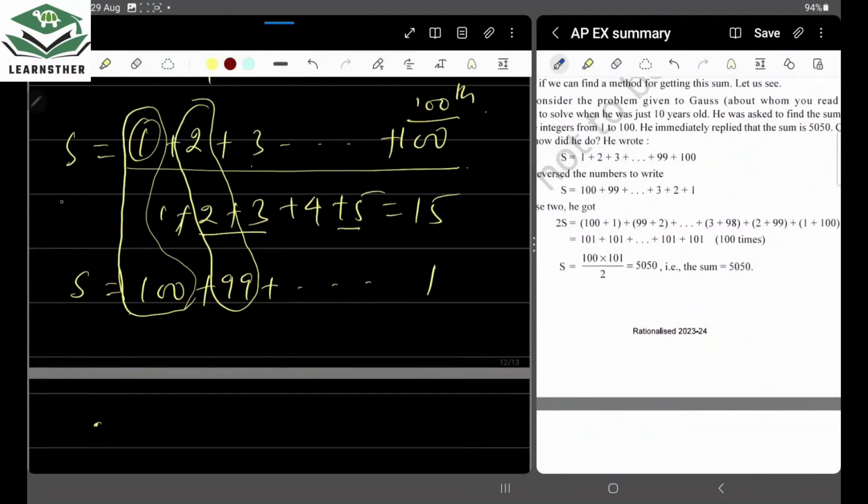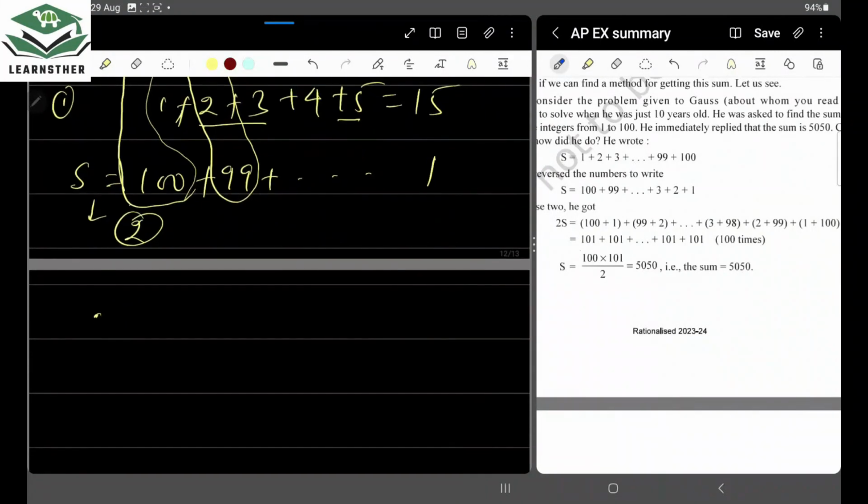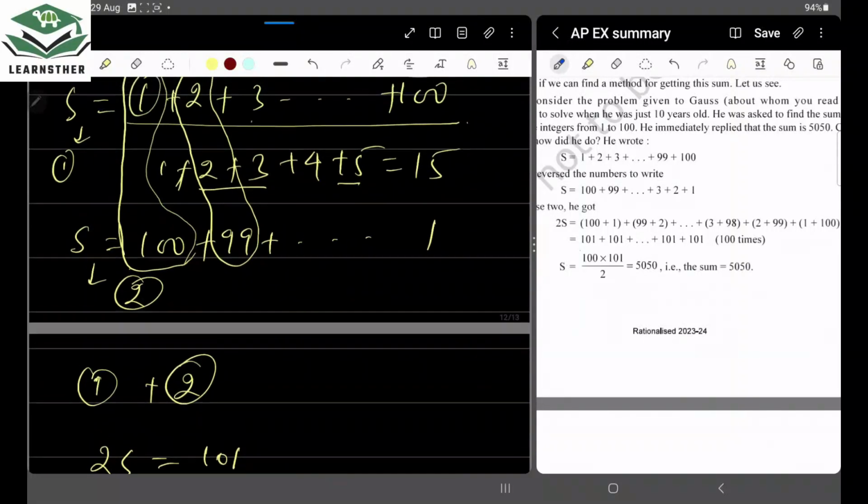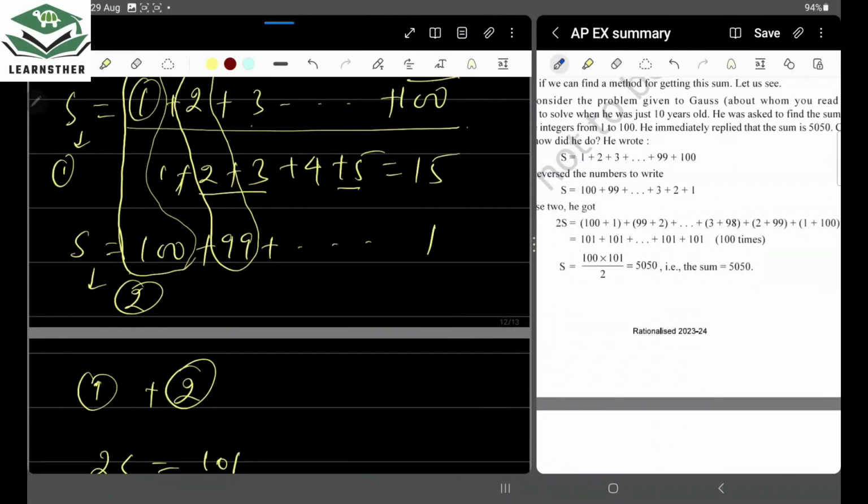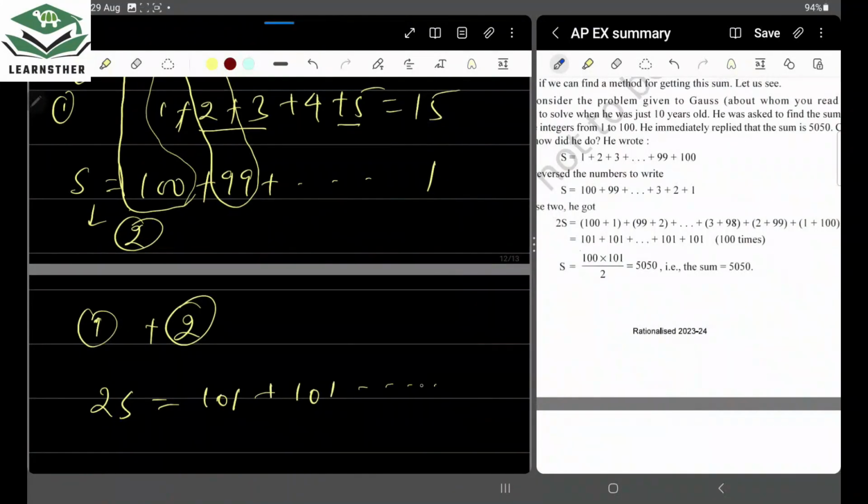Say this is equation 1 and this is equation 2. Add 1 and 2, you will get 2S on the left side. Here you will get 101: 100 plus 1 is 101, 99 plus 2 is 101. So you will get 101, 100 times.